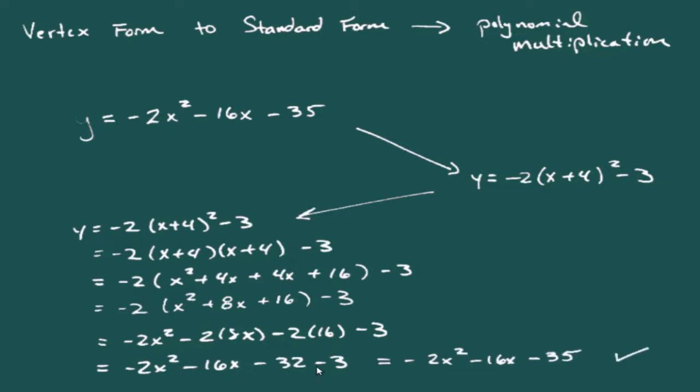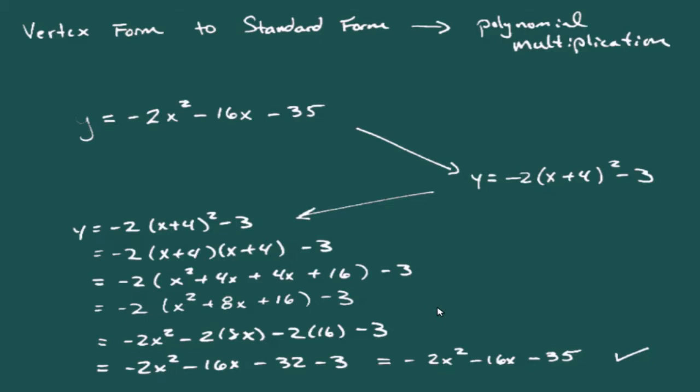Now we can combine the minus 32 and the minus 3 to give us a final answer of negative 2x squared minus 16x minus 35, which is exactly the standard form that we started with at the beginning. And so now we're able to go from standard form to vertex form, back to standard form, and so we've just completed this circle of going from one form to another.